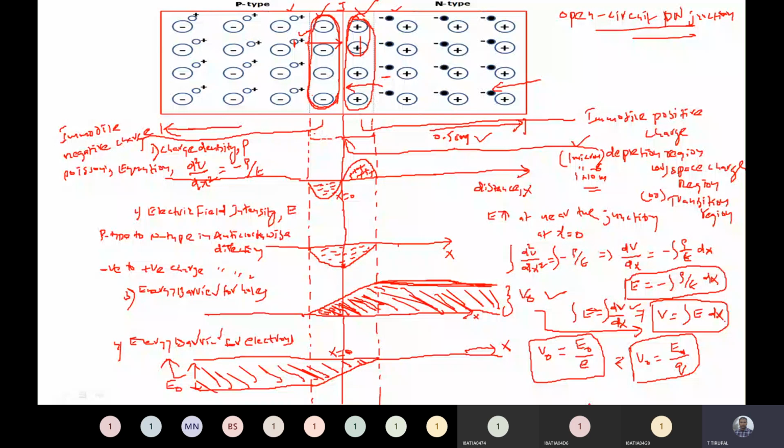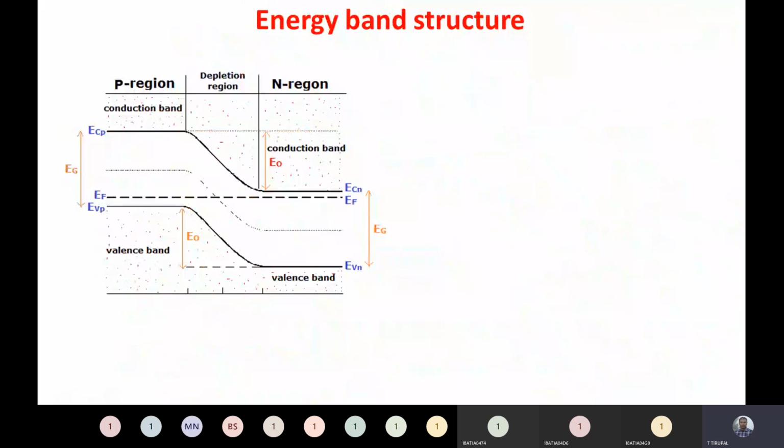Next, please take down all these figures. Before that, I'll give one GATE question.